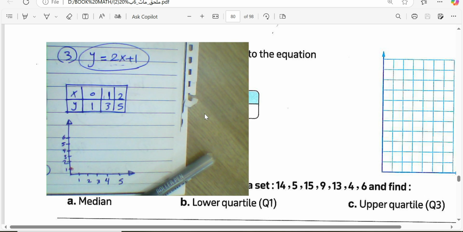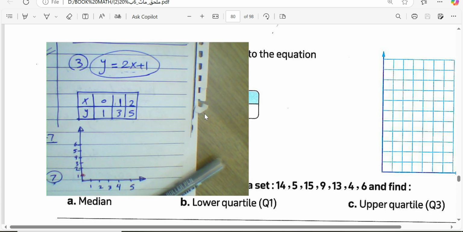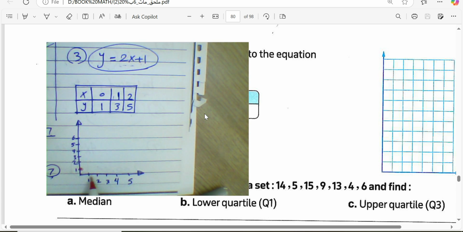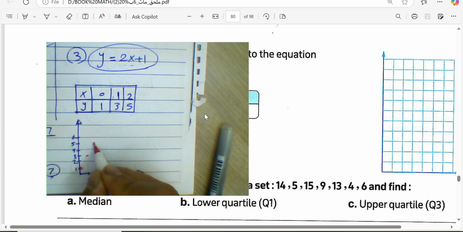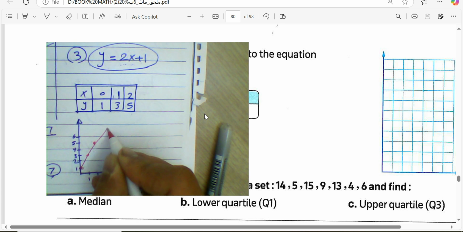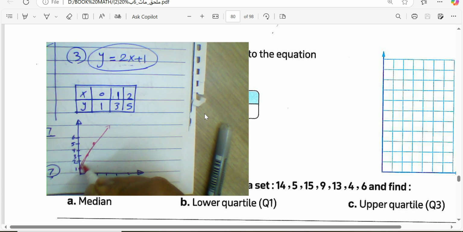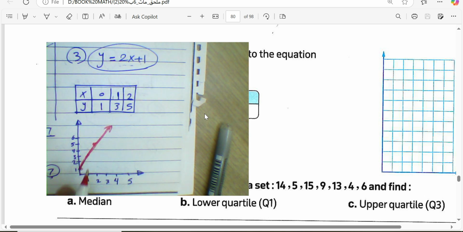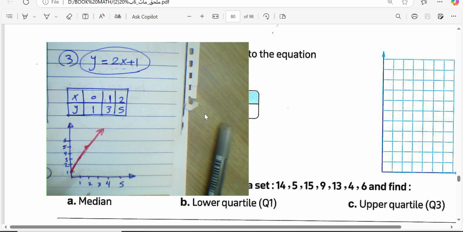And the next order, 1 and 3, going from 1 to 3. And start from 2 going to 5. And then we can draw the ray. Okay, it was question number 3. Next question.